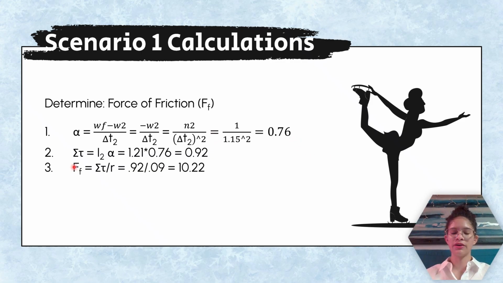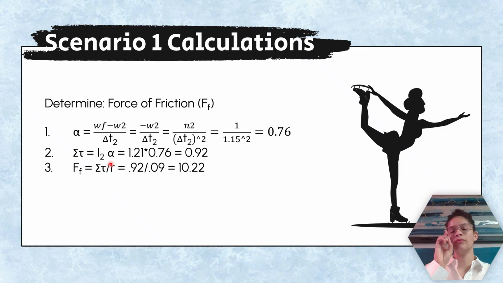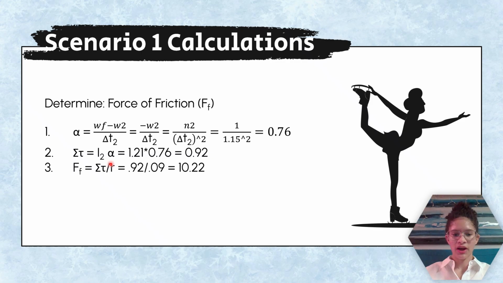Newton's second law in rotational form, sigma torque equals I alpha, and we're using all of the measurements from the second period, of course. And here we get 0.92 for our sum of torques, and then you divide that by the radius, which is the ball of my foot, and you get 10.22 newtons.